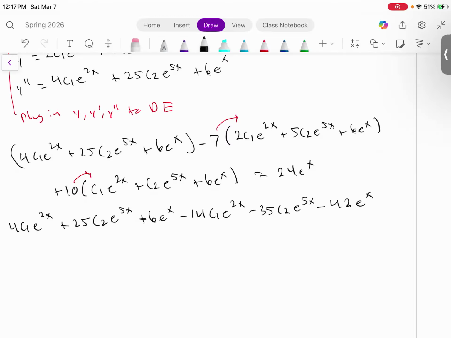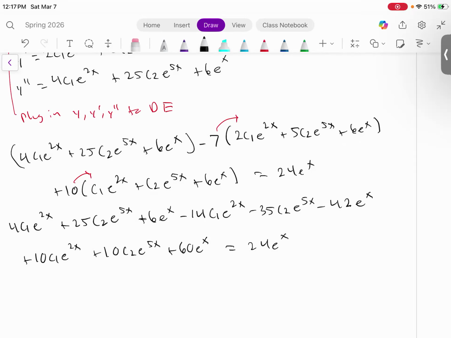Now moving on to the third set, this would be plus 10 c1 e to the 2x plus 10 c2 e to the 5x plus 60 e to the x, and it all has to equal 24 e to the x.